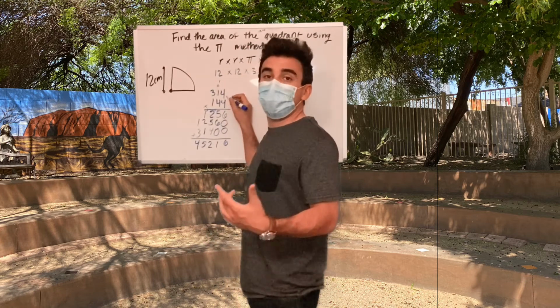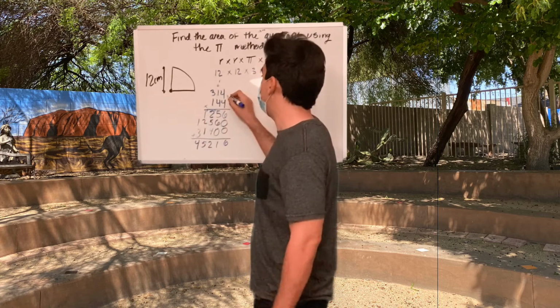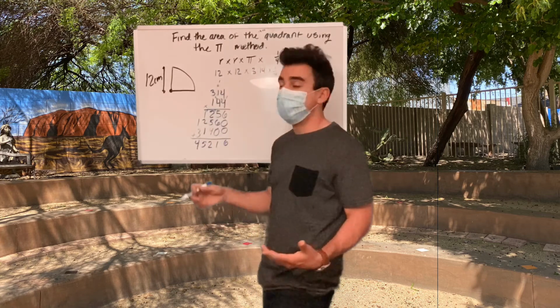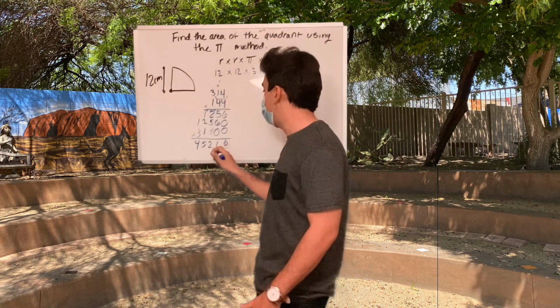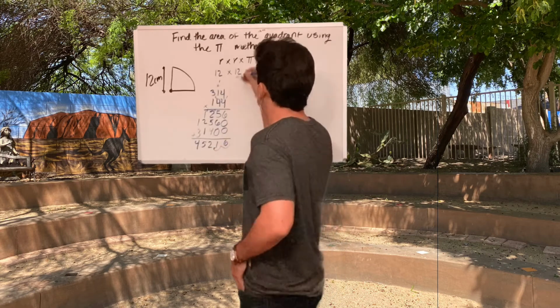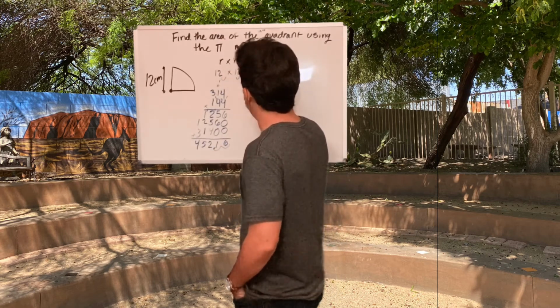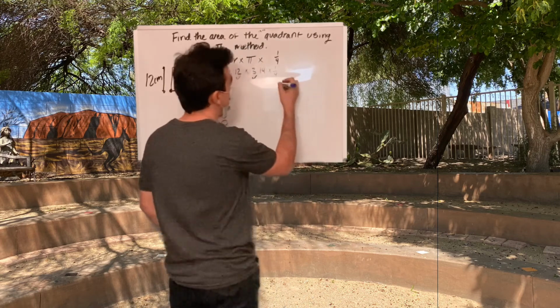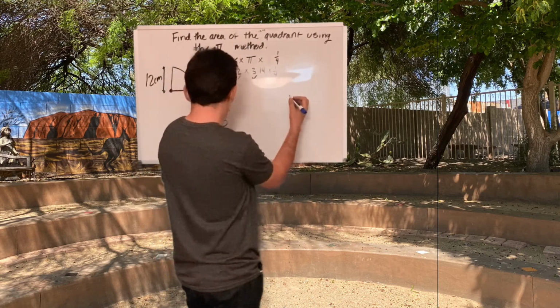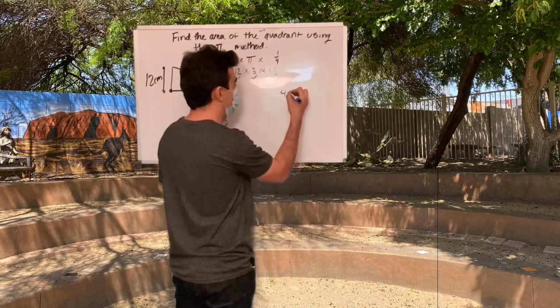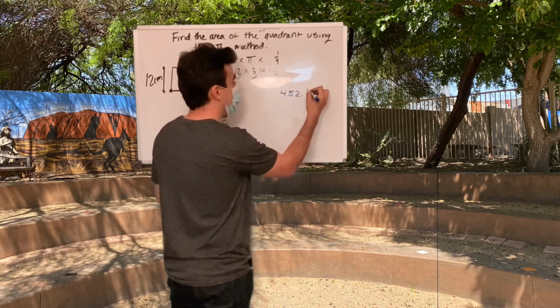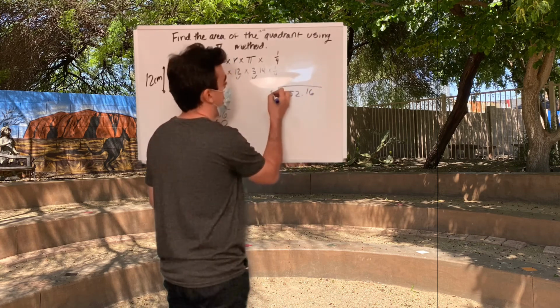Now I need to add in my decimal place. I went 1, 2 decimal places, so I'm going to go 1, 2 below. Now, I did 12 times 12 and times 3.14. Now I need to divide by 4. So I take my 452.16 and I divide by 4.